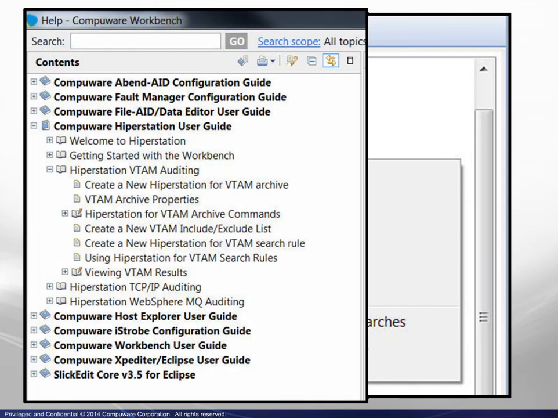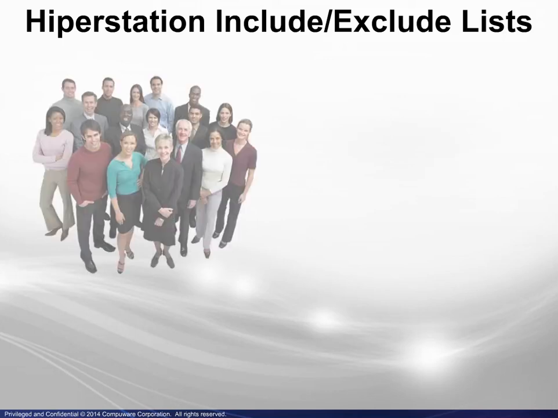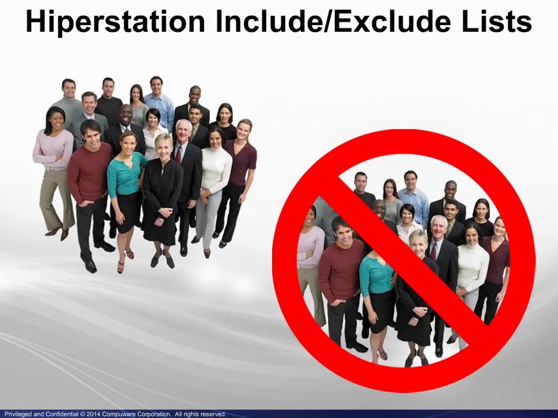Please see the documentation for detailed command information. The archive just created monitors the activity of one user. To monitor multiple users, one may either choose those to include or those to exclude.